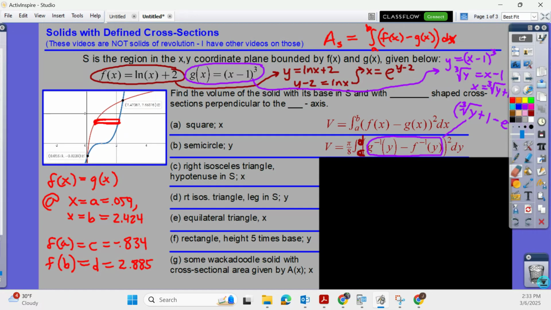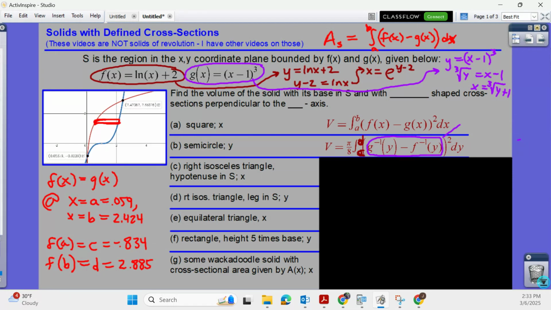So let me actually show how I would write that, because I like function notation. If I'm given function names, I'll use them. And if I'm not, sometimes I'll just write them myself, and that's kind of what we're doing here.